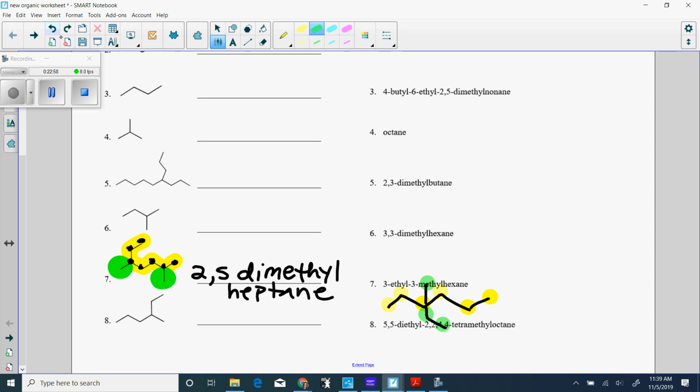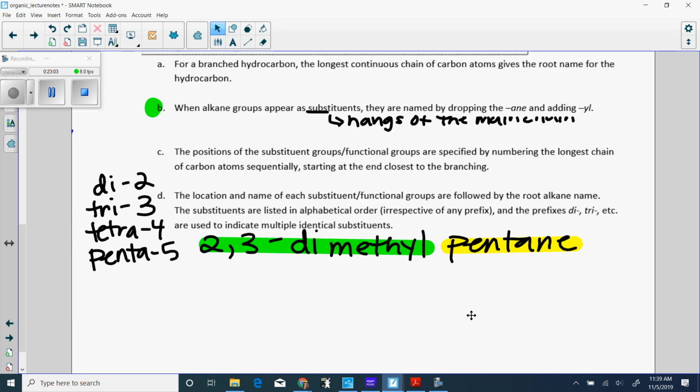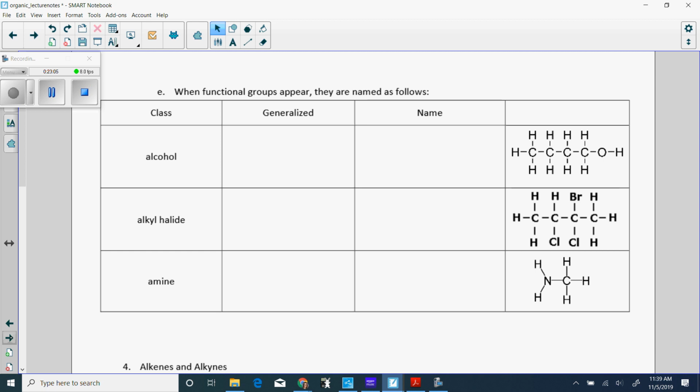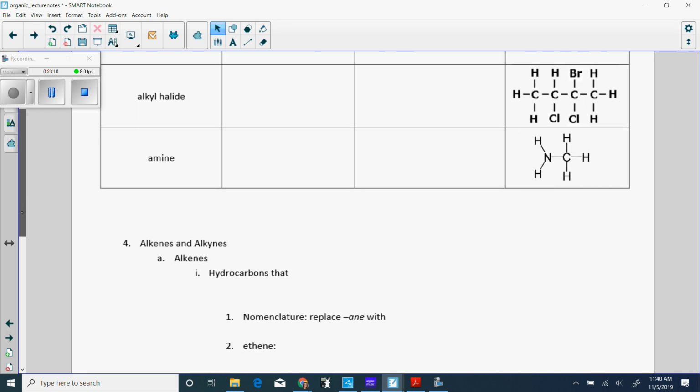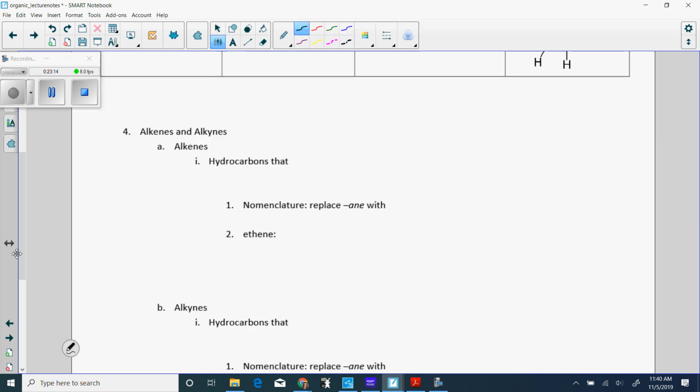Okay, let's learn what to do with double bonds and triple bonds. Similar game, but maybe just a little different. So go back to your notes for a second. Alkenes are hydrocarbons that have double bonds. What we do is we change the ane part, butane, to ene, to butene. Propane is propene.